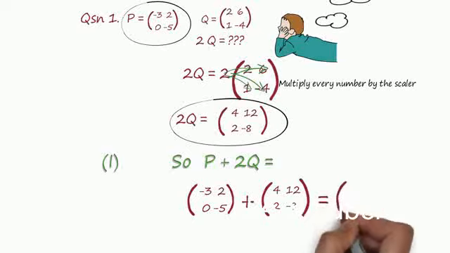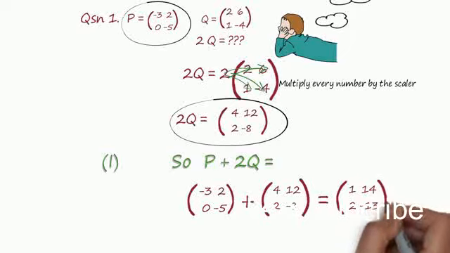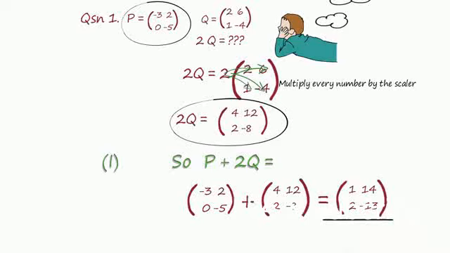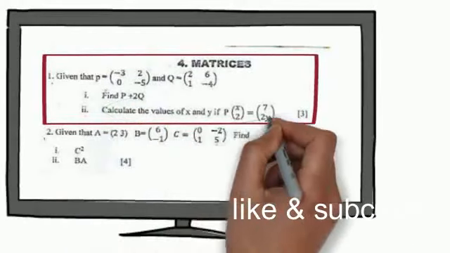Minus 3 plus 4, that's 1, 14, 2, minus 3, when you add those two matrices. So this question is a typical exam question because it tests the knowledge of scalar multiplication on matrices and also the knowledge of addition of matrices.